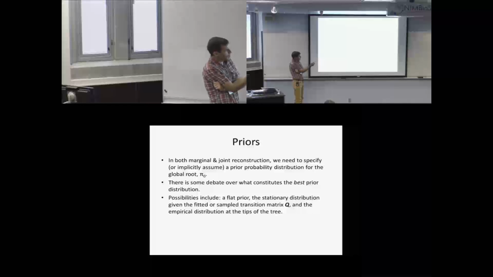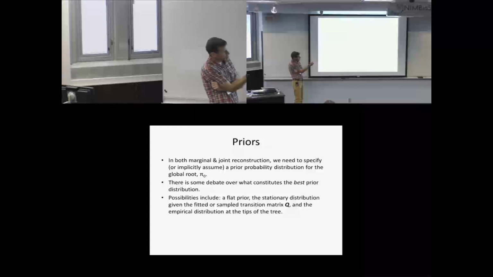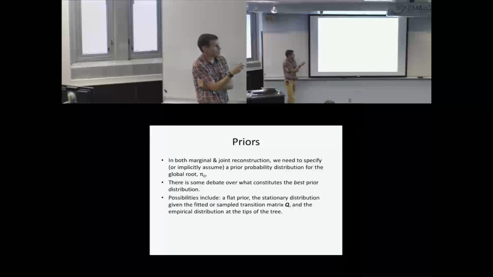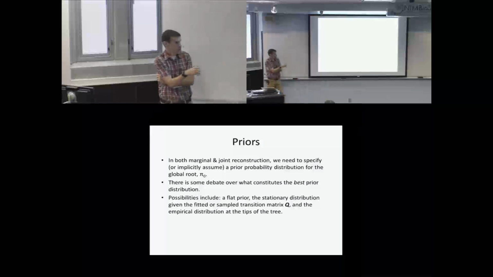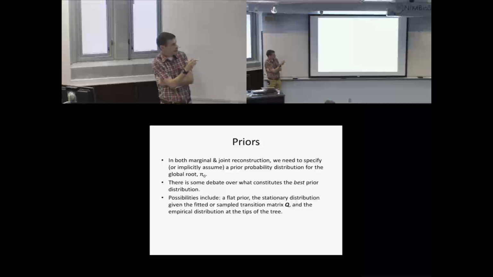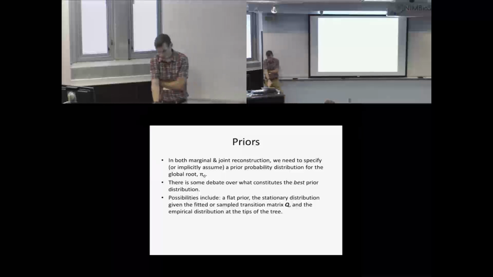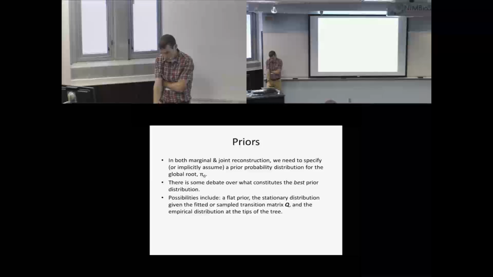For any particular sample Q matrix, we can solve for its stationary distribution and use that, or we can use the empirical distribution of the tips of the tree. All of these are possibilities that you might encounter. So it's good to keep in mind that if you see discrepancy between different software, it could be because there are different implicit assumptions with regard to the prior. That's something to be cognizant of, although I'm not going to discuss it.